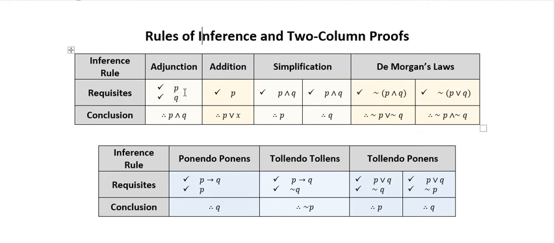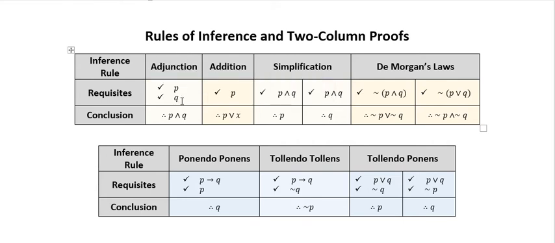The idea of a premise is that you already know that this is true. In this case, I'm just explaining the rules, so instead of calling them premises, I'm gonna call them requisites. Okay, you need these two things in order to use the adjunction rule.